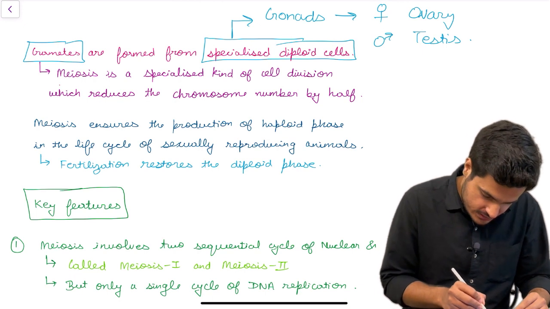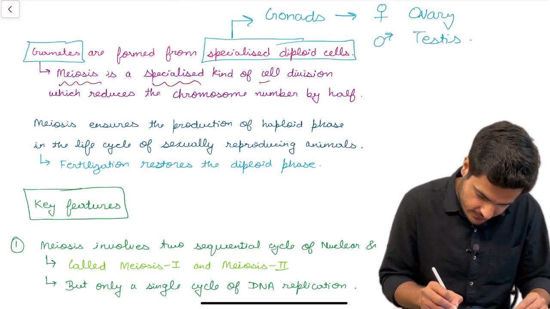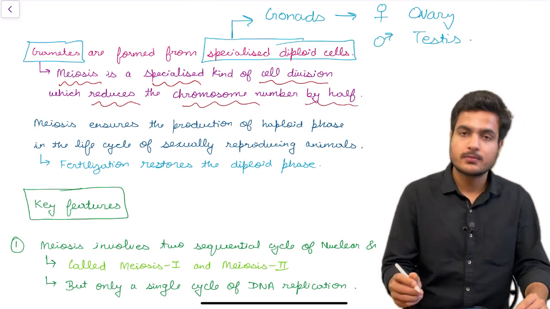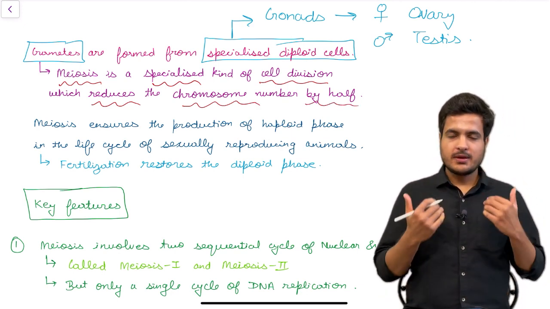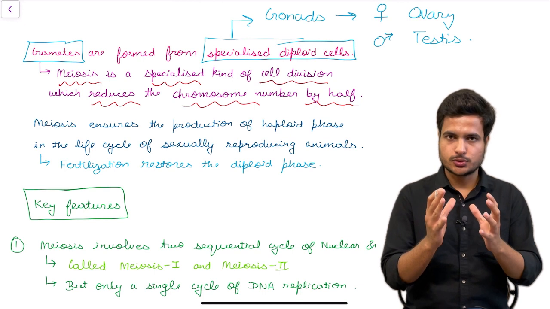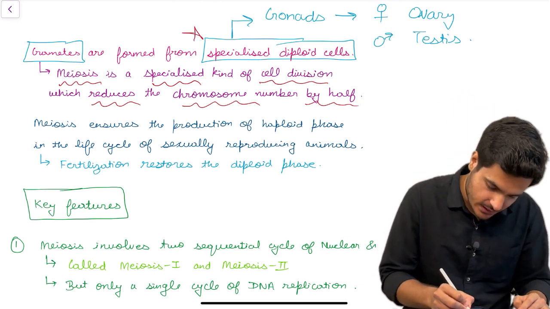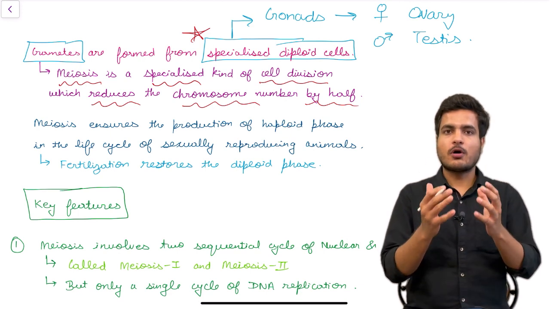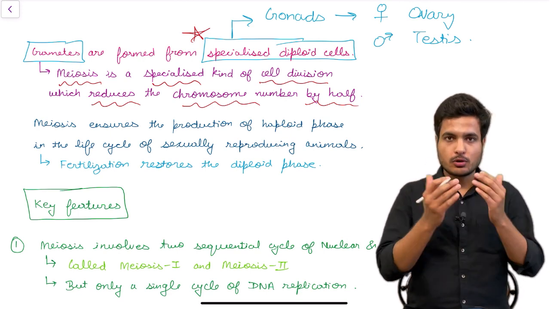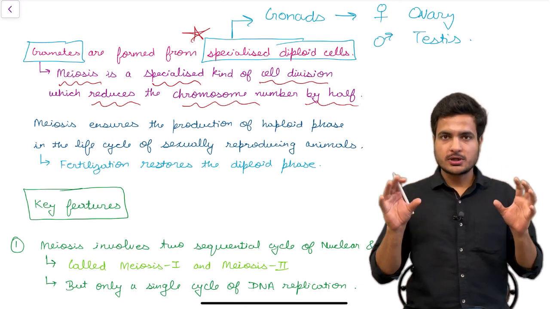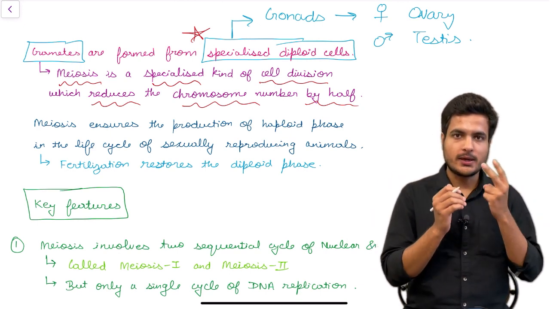Now meiosis is a specialized kind of cell division which reduces the chromosome number by half. If we human beings have 46 chromosomes, when a specialized diploid cell which has the power of going through meiosis undergoes meiosis, it will result in formation of 4 daughter cells which will each have 23 chromosomes.